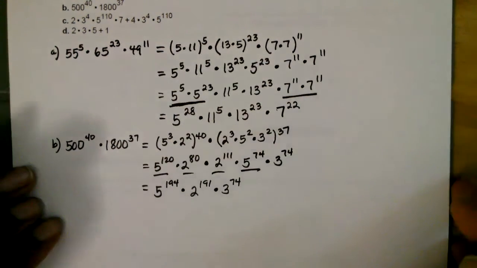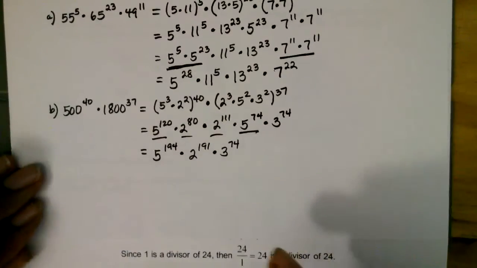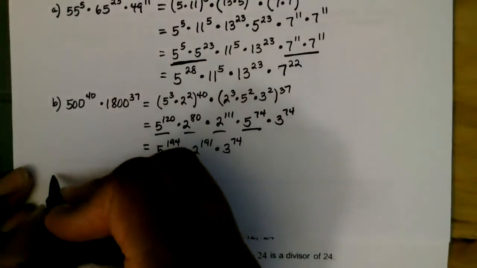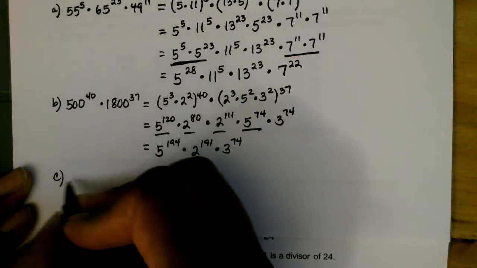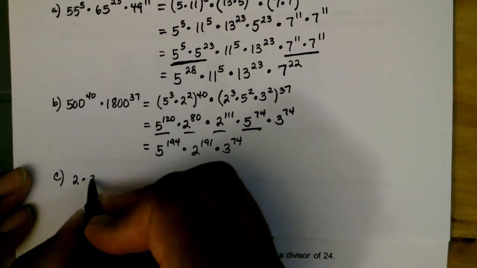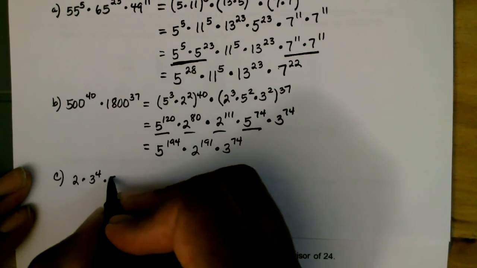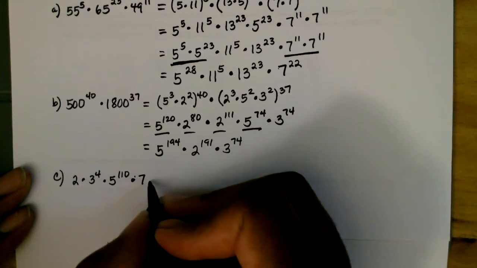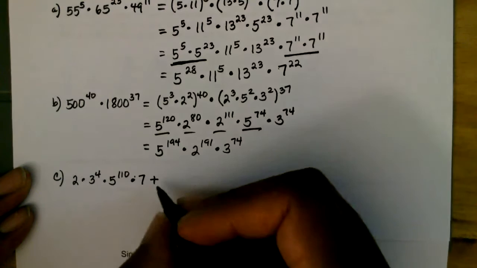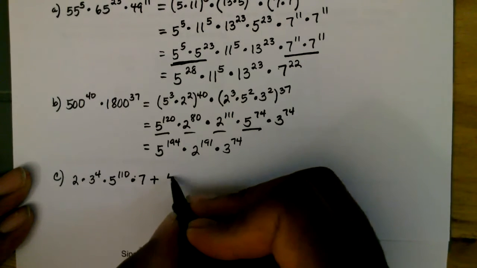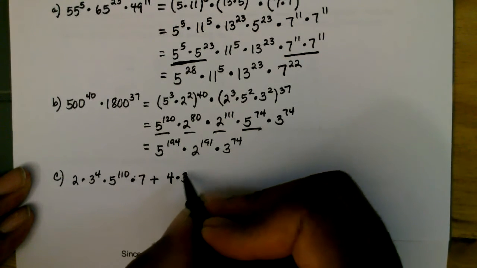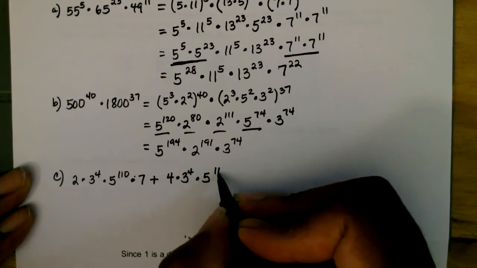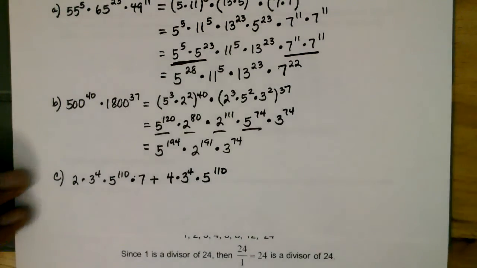All right, now part C. And this one is different. We got 2 times 3 to the 4th times 5 to the 110 times 7 plus 4 times 3 to the 4th times 5 to the 110th power.